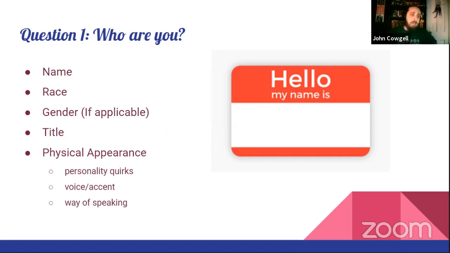Now, if this is a character that they're going to be interacting with, rather than just visual eye candy, give them a gender, if applicable. Not all genders will be applicable, and sometimes there is no defined gender. But if it's somebody they're going to be out with, possibly give them a title as well, like the owner of the shop or the prince of the land.